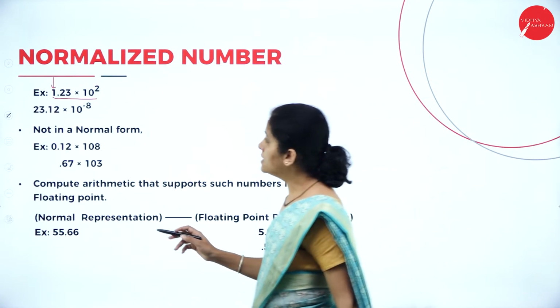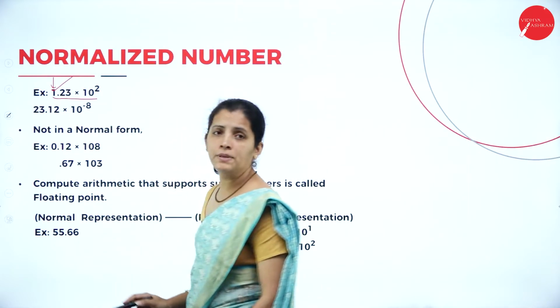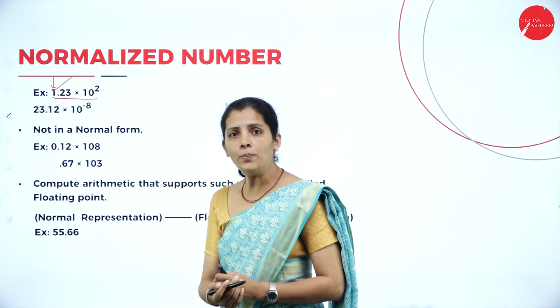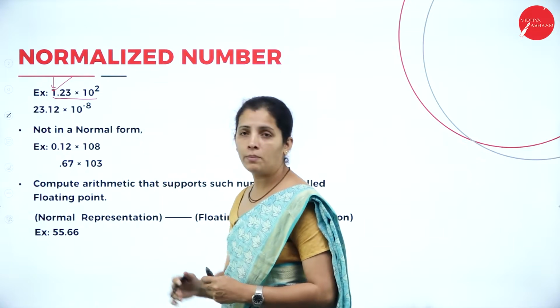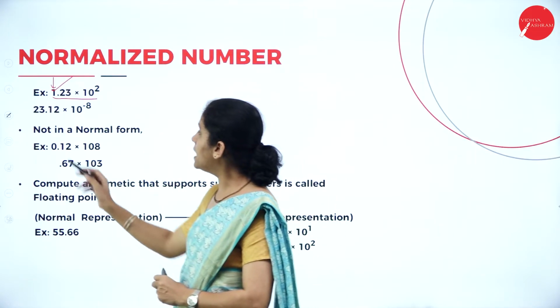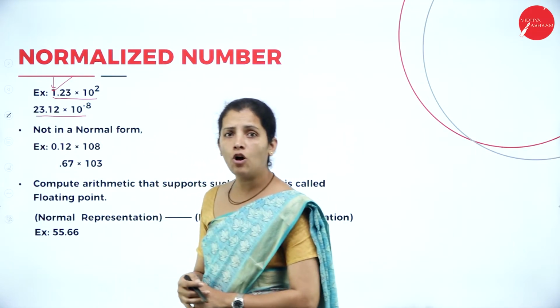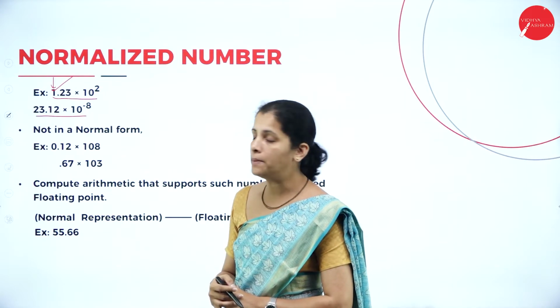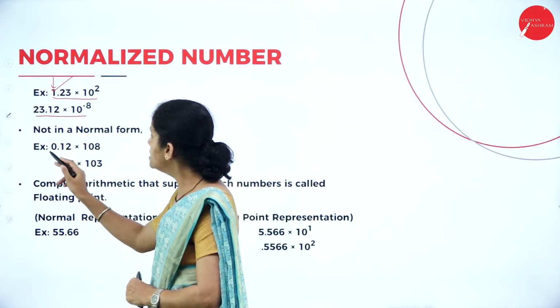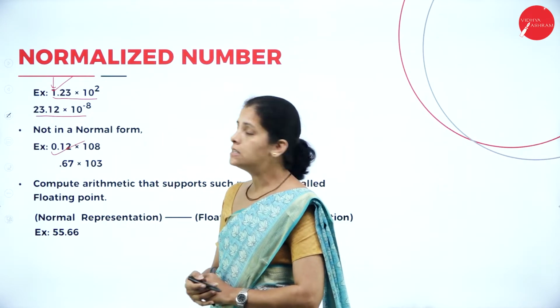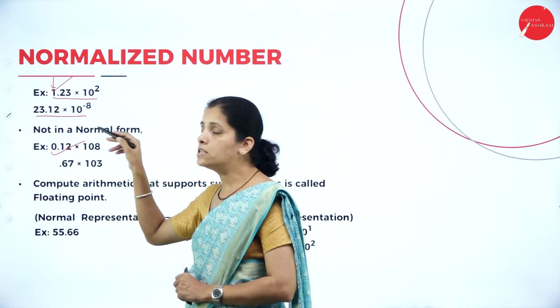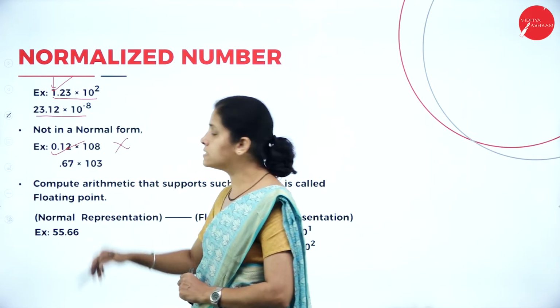Now, if I consider this one, I have 1, that means there is no leading zero, so obviously it is a normalized number. And if I consider this one, this is also a normalized number. Now, if I consider the third example, I have a leading 0, so it is not a normalized number.